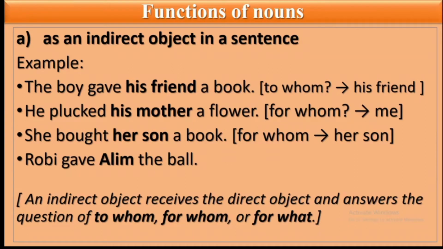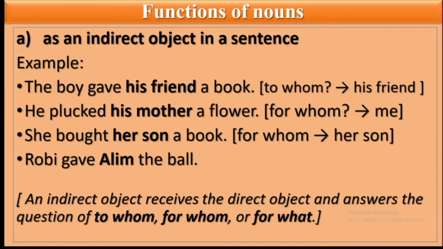Now we are going to explain this. The ball is the direct object. So who is receiving the ball? Of course, Alim is receiving the ball, and we know indirect object receives the direct object. We can explain it from a different point of view.